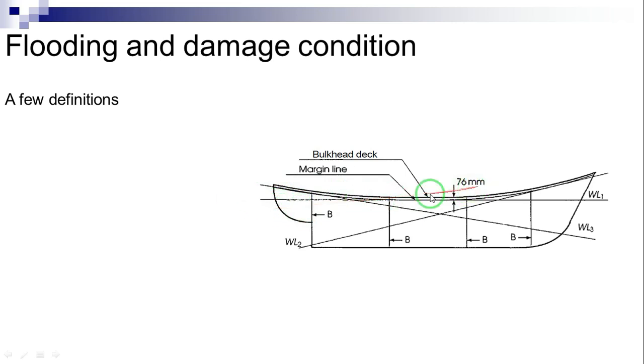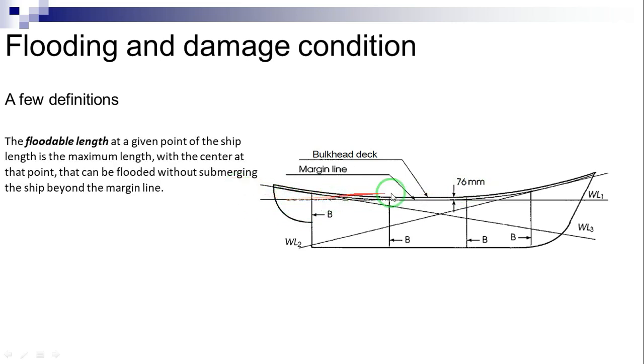In this figure, we see the sketch of a ship subdivided by 4 bulkheads. The 3 water lines WL1, WL2, and WL3 are tangent to the margin line. They are examples of limit lines beyond which no further submergence of the damaged ship is admissible.